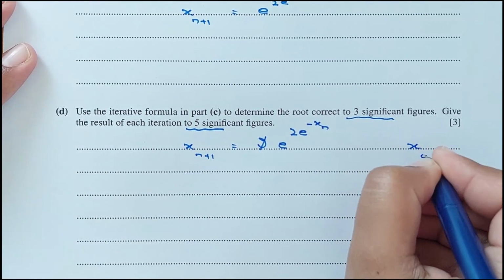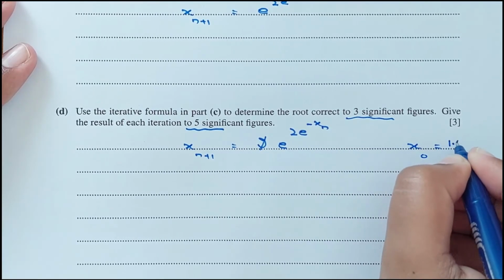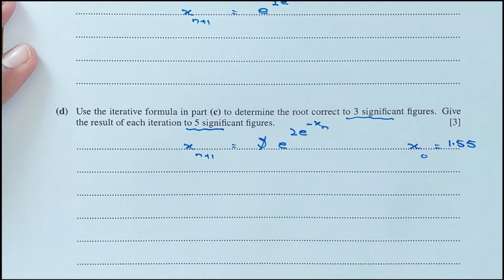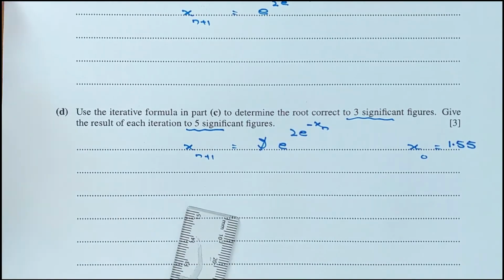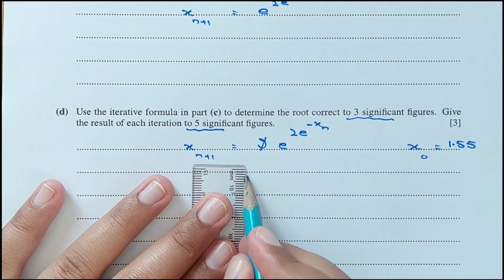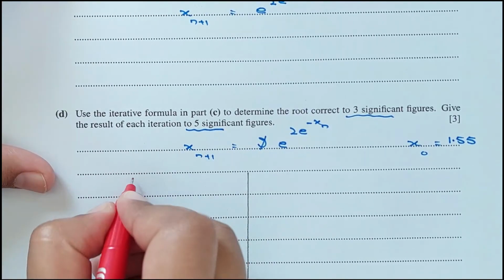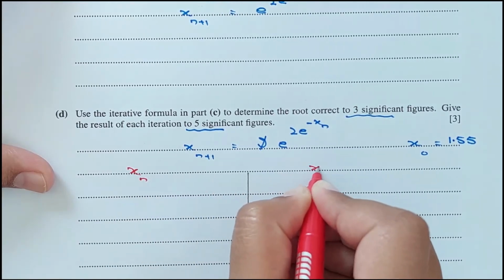The initial guess lies between 1.5 and 1.6, so we can take 1.55. Let me make a table for this, and calculate each iteration up to 5 significant figures. This column is for x_n and this is for x_(n+1).